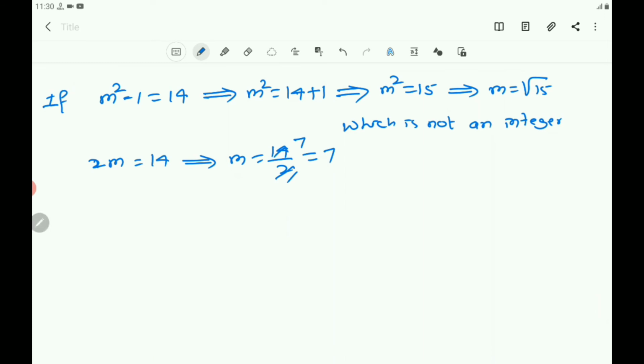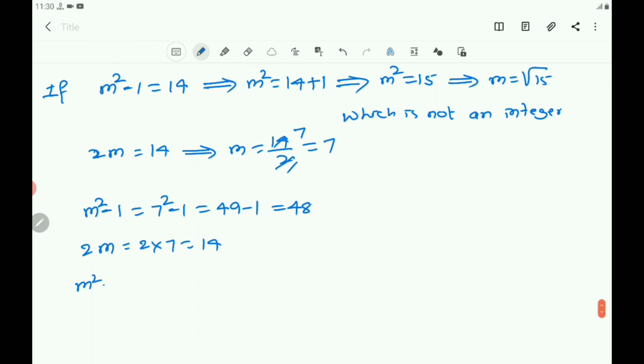Then you take one by one. First one, m square minus 1 equals 7 square minus 1 equals 49 minus 1. You got 48, one number 48. And the next, 2m you know, that is 2 into 7, 14, already you have taken. Next m square plus 1.